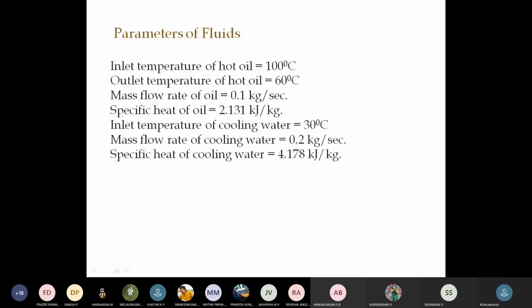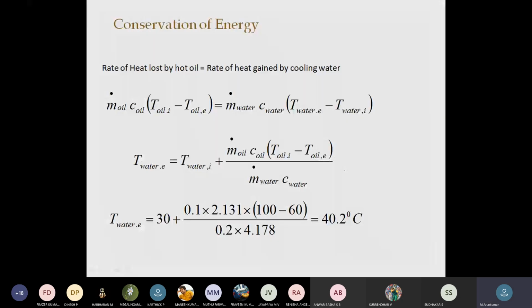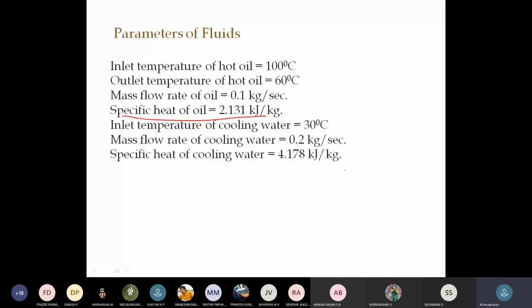So this is Cp, the specific heat of oil and the specific heat of cooling water. I think this 2.31 Cp is to be taken from the property tables and charts.